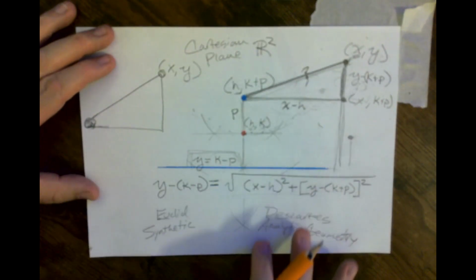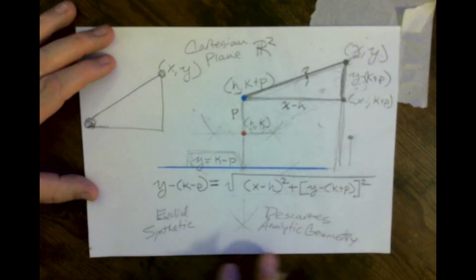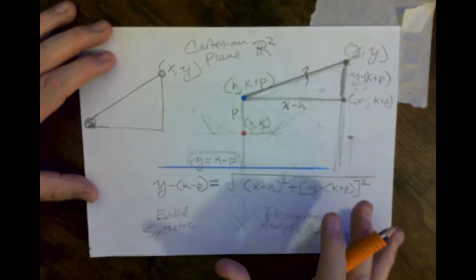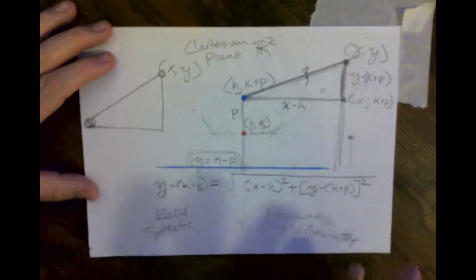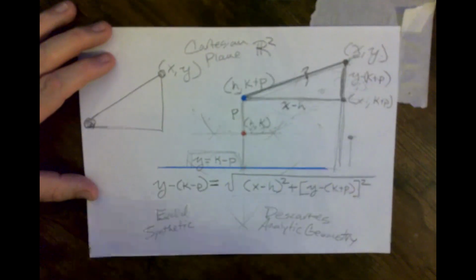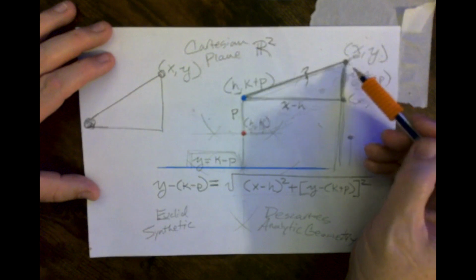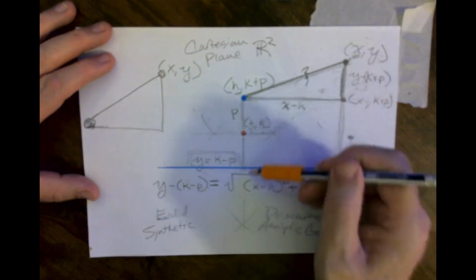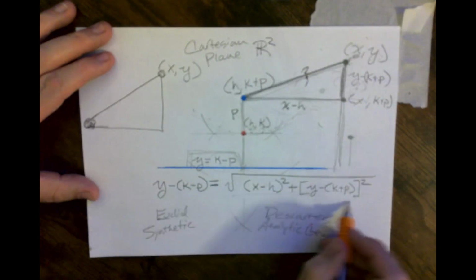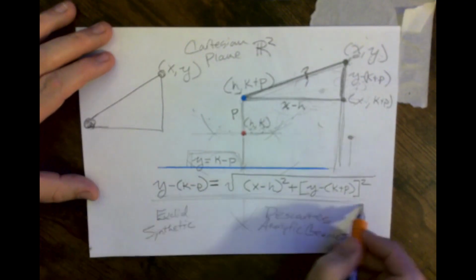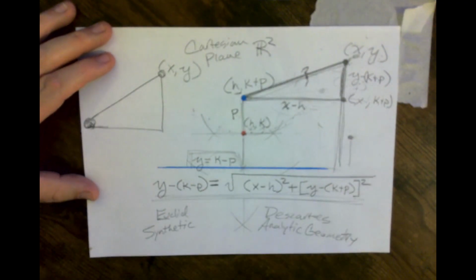So this is what's going to give us an infinite number of points in the set that is the parabola. A parabola is the set of points equidistant from a line and a given point. So this right here is an infinite number of points.